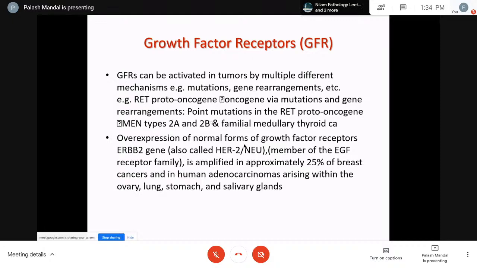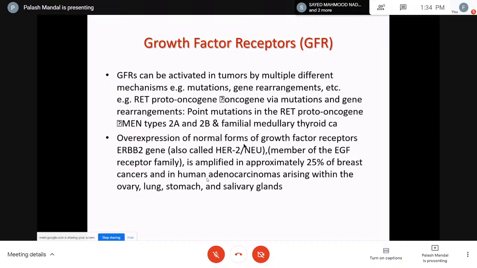Now, overexpression of normal forms of growth factor receptors, like the ERBB2 gene, also known as HER2 or NEU, a member of the EGFR family, is amplified in approximately 25% of breast cancers and also some adenocarcinomas of ovary, lung, stomach, etc. Detecting HER2/neu amplification in breast cancer is very important because we have a drug against it, called Herceptin.